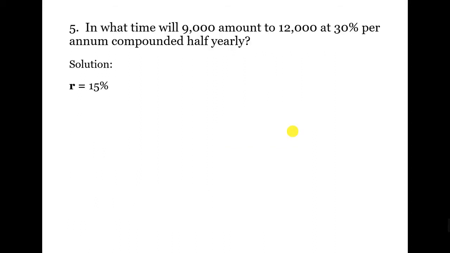For problem number 5, in what time will 9,000 amount to 12,000 at 30% per annum compounded half yearly? So in this problem, we're looking for the value of the time frame. The rate percentage is equal to 15% every half year.